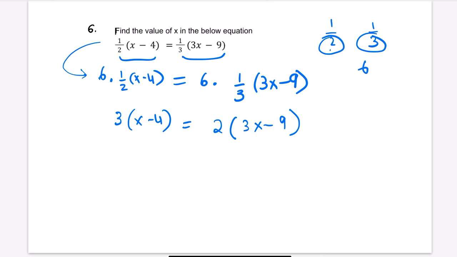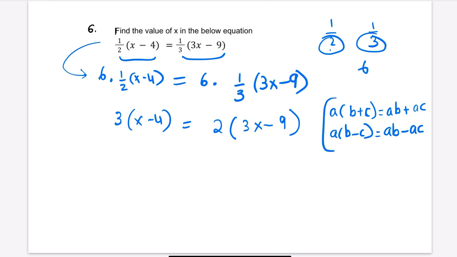The distributive property, as a reminder, says a times b plus c is a times b plus a times c. A times b minus c is a times b minus a times c. So that's what the distributive property rule is all about in algebra.